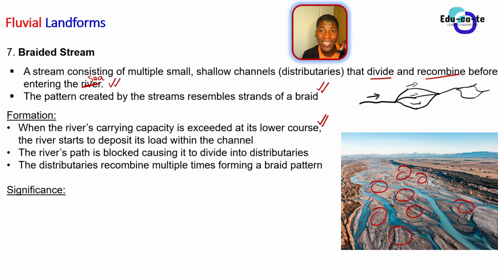So as it is blocking the river's path, what happens? It causes it to divide into smaller channels that are distributaries. And then these distributaries will recombine multiple times, and they'll form a braid pattern. Simply that. So the formation here is the same as the one in a delta. The delta and the braided stream are almost the same. It's just that in a braided stream, these distributaries divide and they recombine once again.